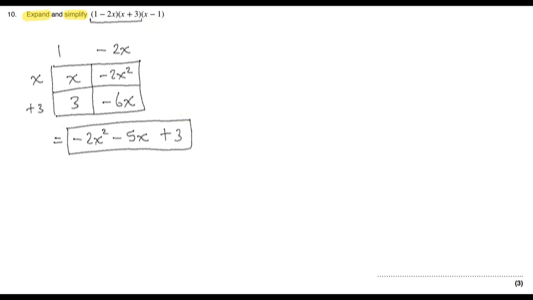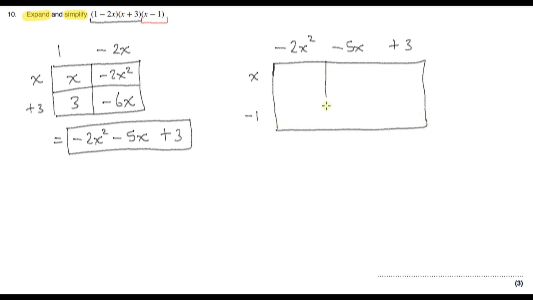I'm going to multiply that by this last bracket. So we've got negative 2x squared minus 5x plus 3. And then down this vertical, I'm going to write x minus 1. So this time we're going to have 6 terms. I'm just going to do my grid like this. Oh, bit of a wonky line, but should be fine.